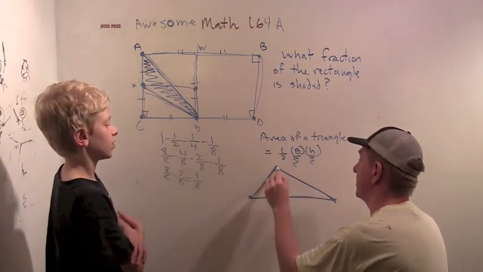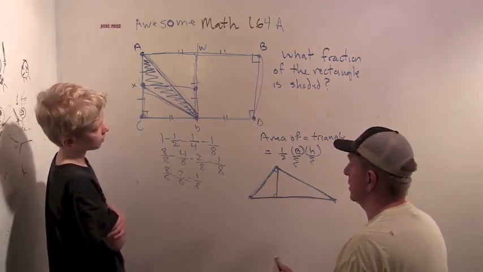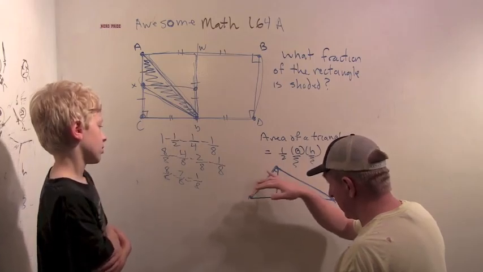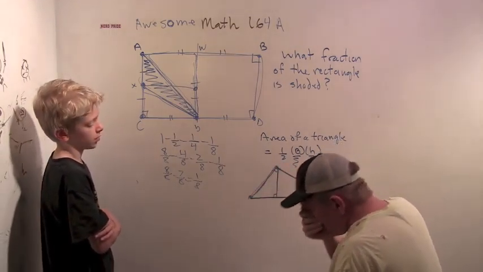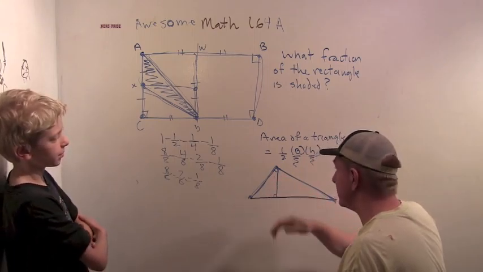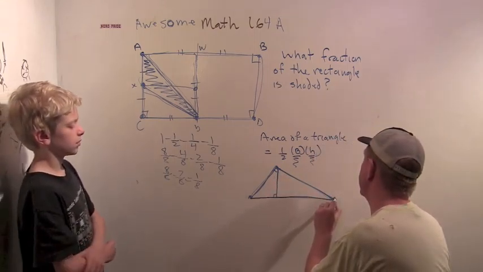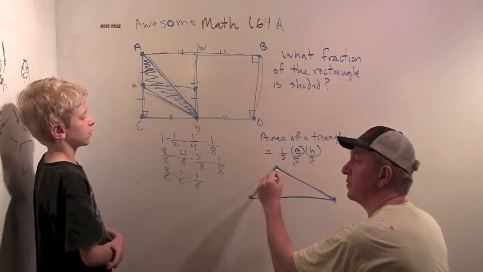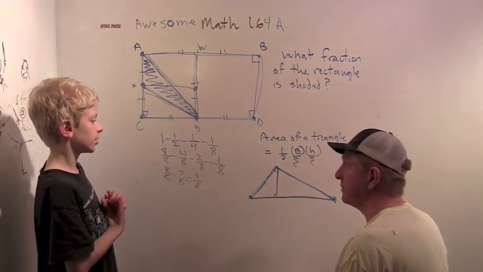Any side of the triangle can be the base, and then the perpendicular line coming down from the other vertex can be the height.